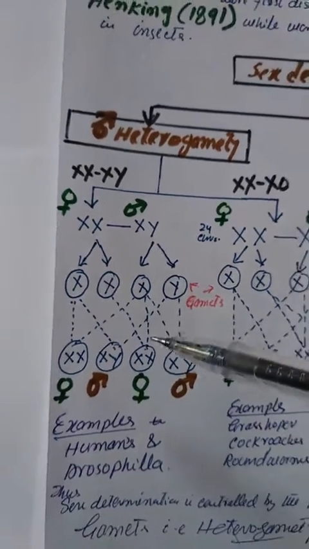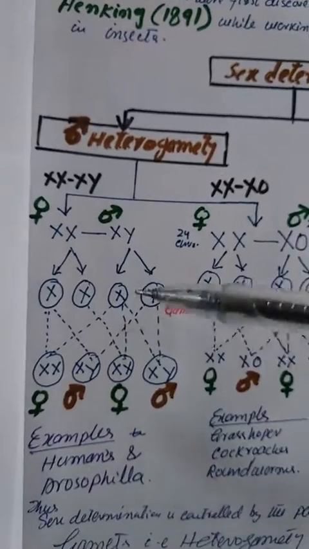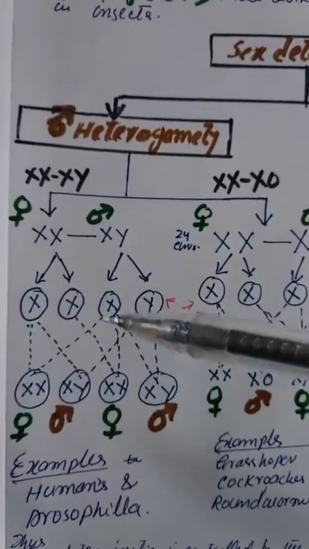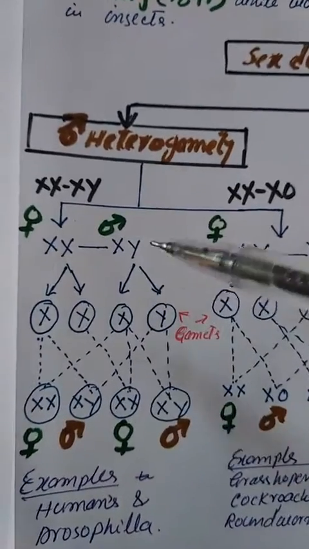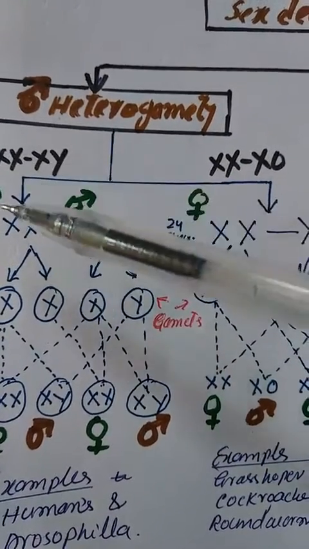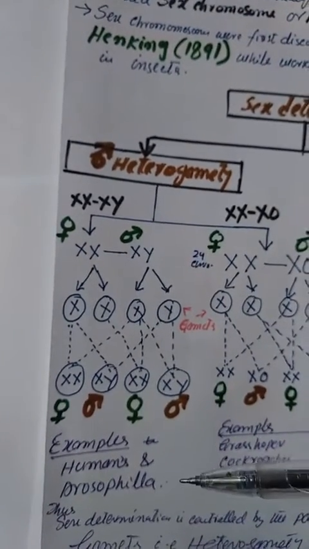The sex determination is controlled by the parent that produces different types of gametes, which is obviously the male parent in case of human beings as well as in Drosophila.